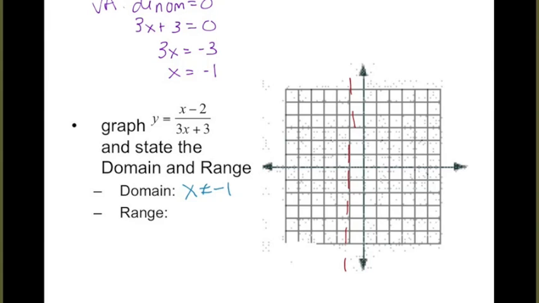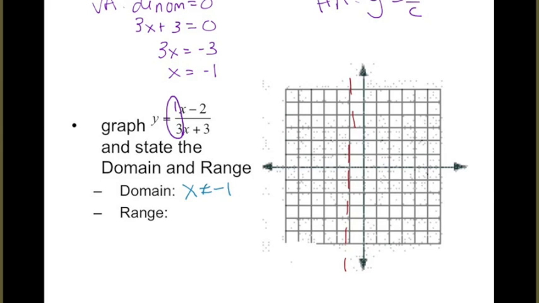Yeah, our vertical asymptote exists where the denominator equals 0, because dividing by 0 is a problem. So we set the bottom of the fraction equal to 0, and that gives us where our vertical asymptote is, which is also what limits our domain. The rule for horizontal asymptote is that y is equal to a over c, the fraction of what's in front of the x's.